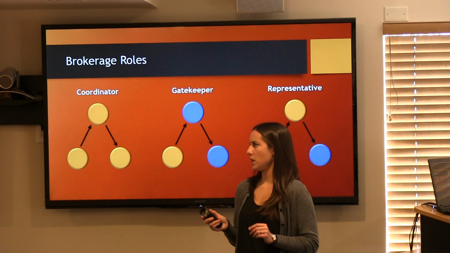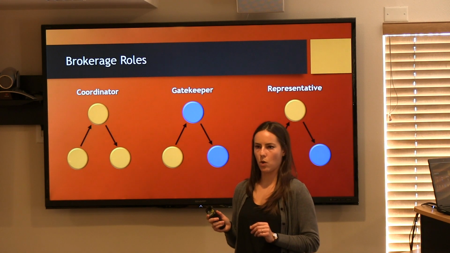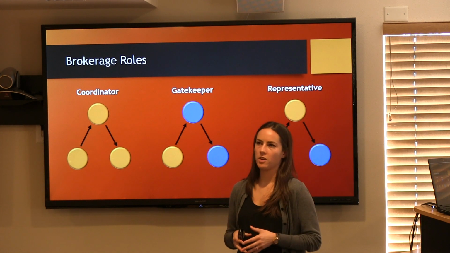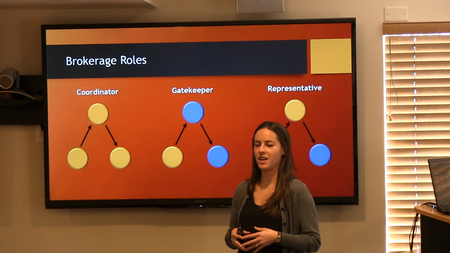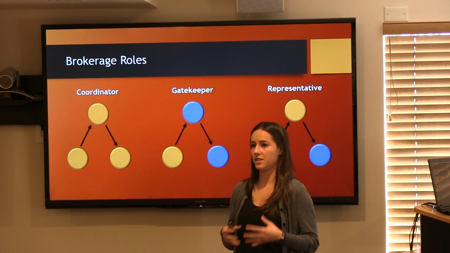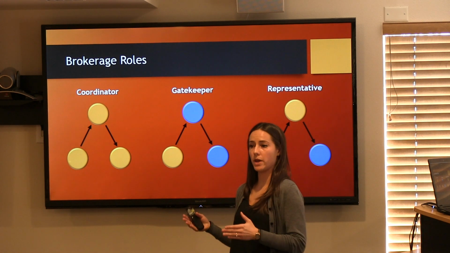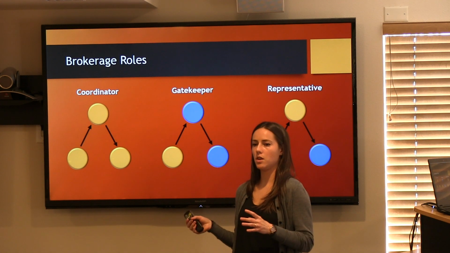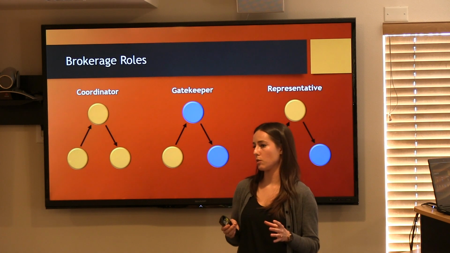A coordinator is a broker that works between 2 members of its own group. For example, in my analysis, I defined one group as the non-aligned movement, another group as countries not part of the non-aligned movement, and observers as another group.